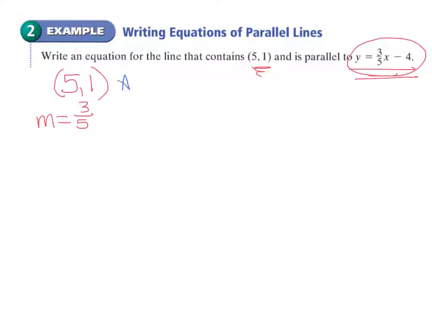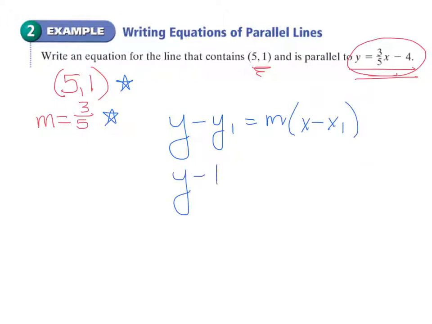Right now, I have a point, I have a slope. Therefore, I'm going to use point-slope form, which if you remember is this. I plug in my y value, which is 1, my slope, which is 3/5, and my x value, which is 5.